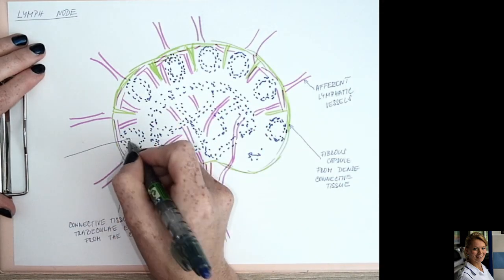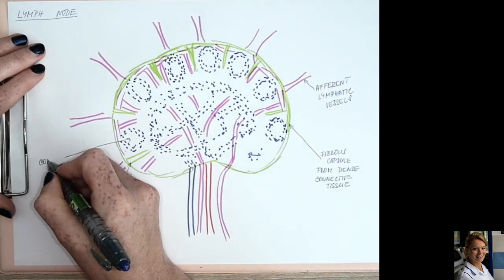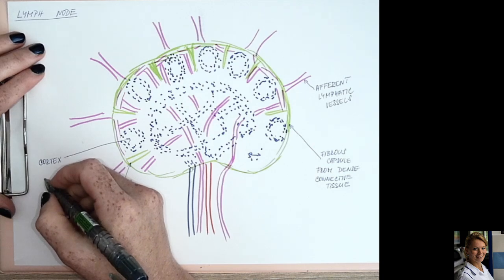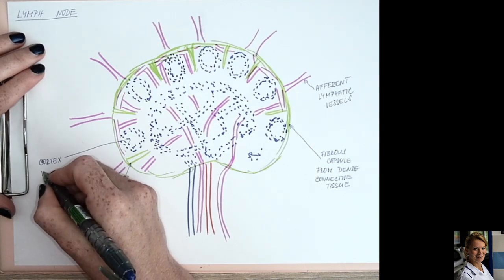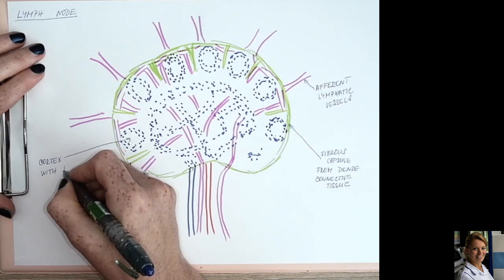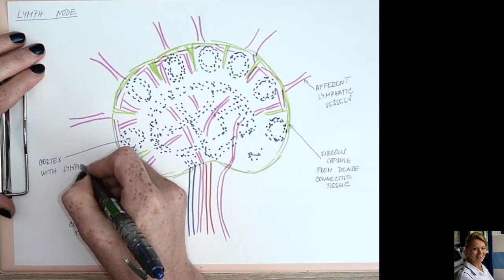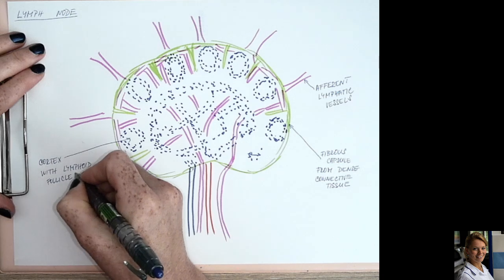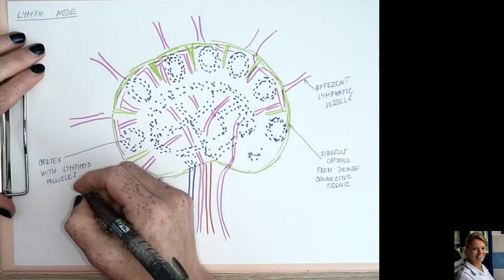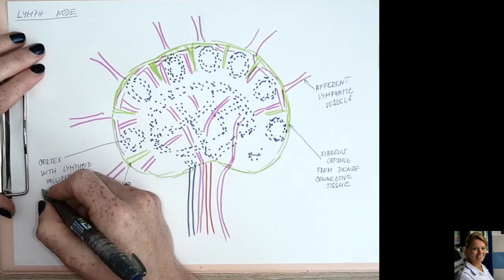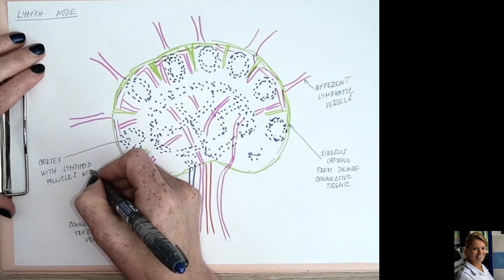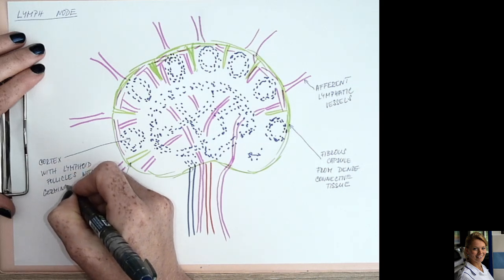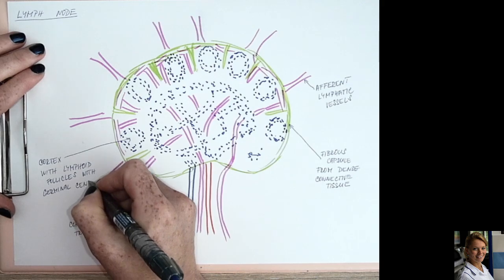This is the cortex, with lymphoid follicles, with germinal center.